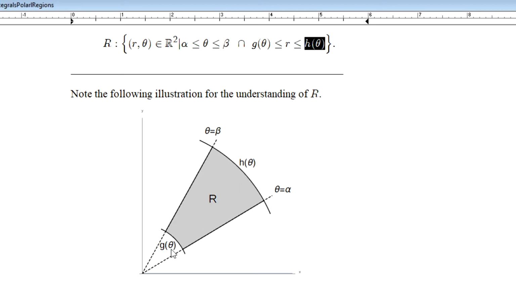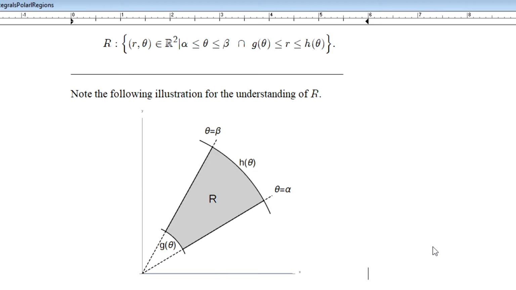These two polar functions are described in terms of theta, occurring between theta equal to alpha and theta equal to beta, with theta being the independent variable in these polar functions.